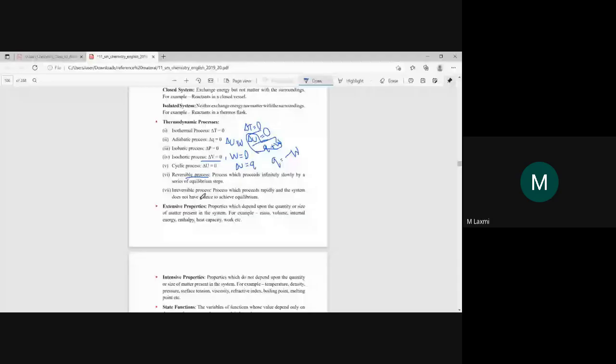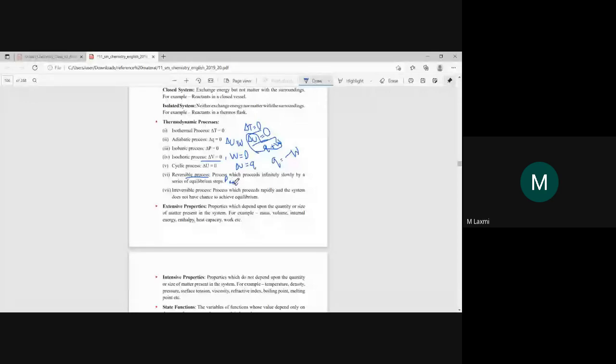In an irreversible process, external pressure will be constant. You understood these 2 points. This will be helpful for me to explain the final equation. So a reversible process proceeds infinitely slowly because in each step equilibrium is to be maintained. In a reversible process, my external pressure will not be constant. P external is not constant.